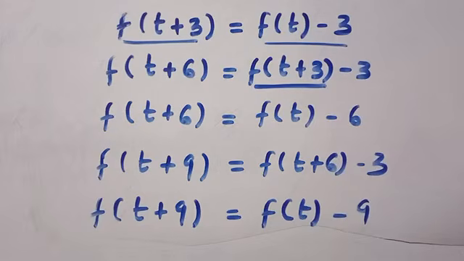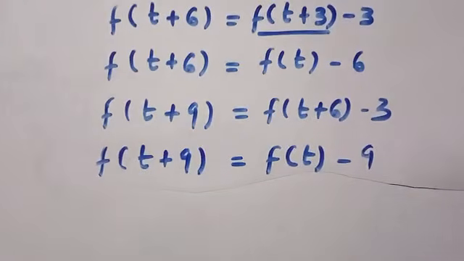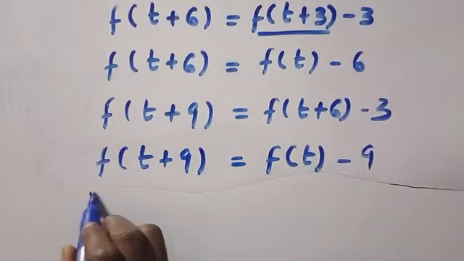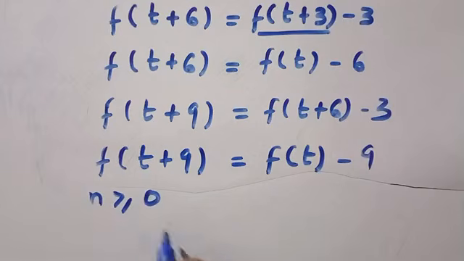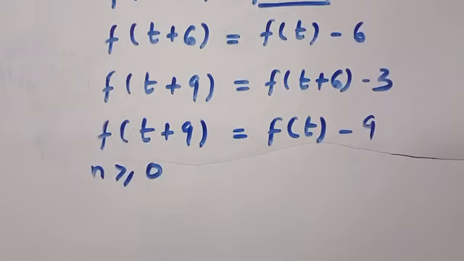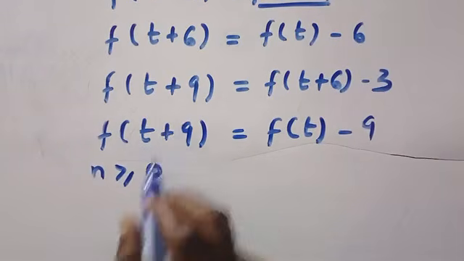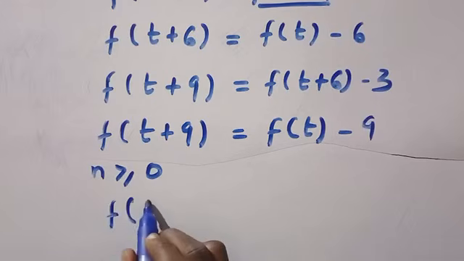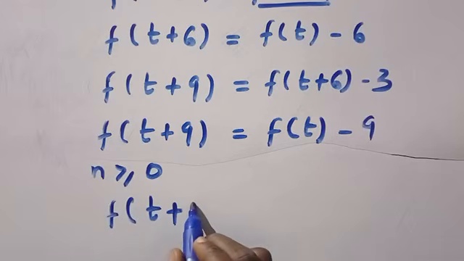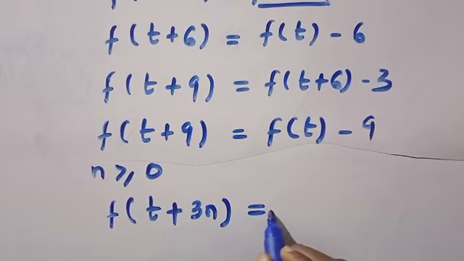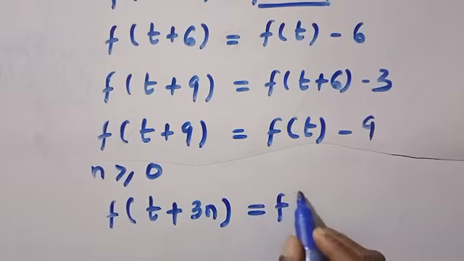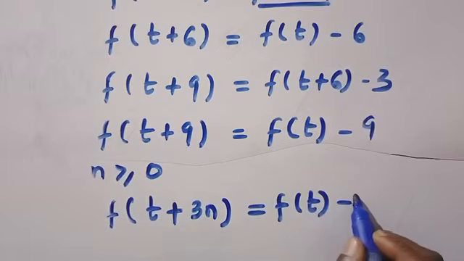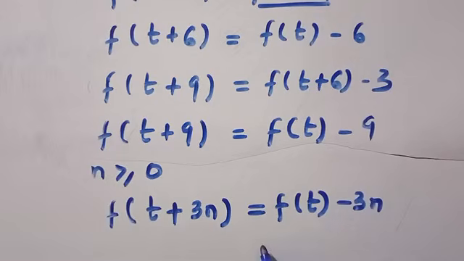Then in a general form, we are going to look for n. For n greater than or equal to 0, the general form of this recursion is given as f of t plus 3n equals f of t minus 3n.